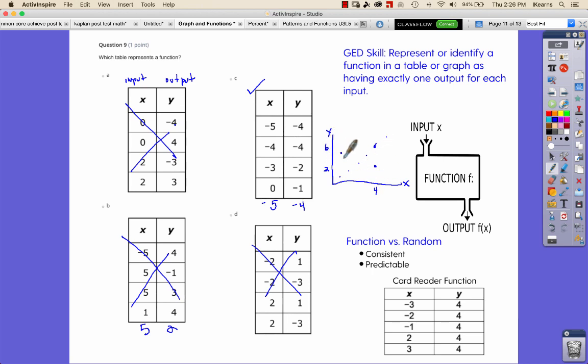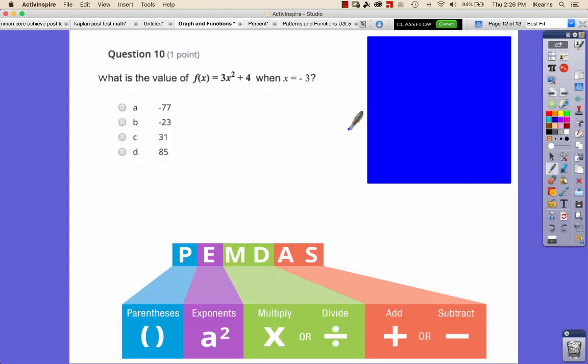X now has 2 outputs. So this isn't a function because 4 is the input, but it's outputting a 2 and a 6. So that's the other way that I've sometimes seen this skill asked, in the form of a graph. All right, last one, number 10.